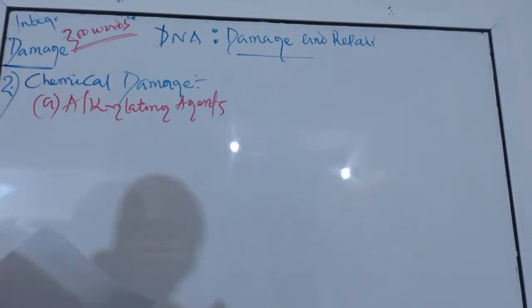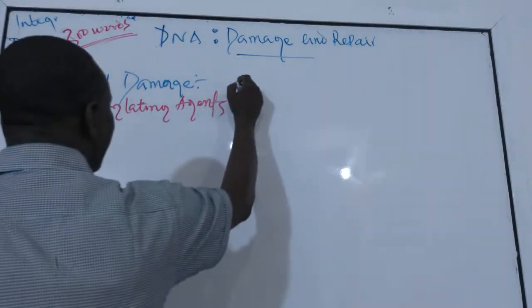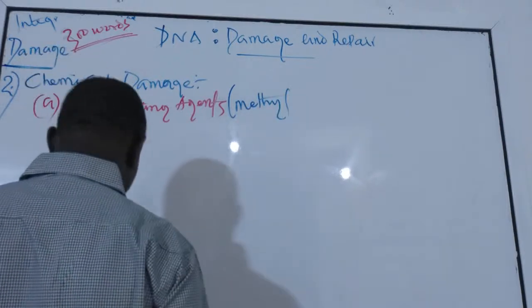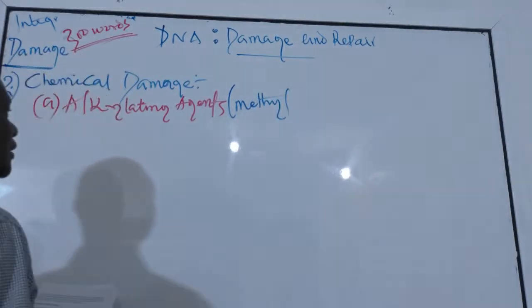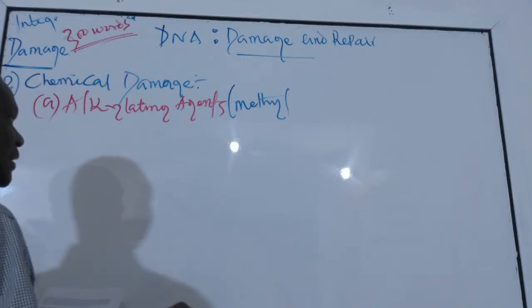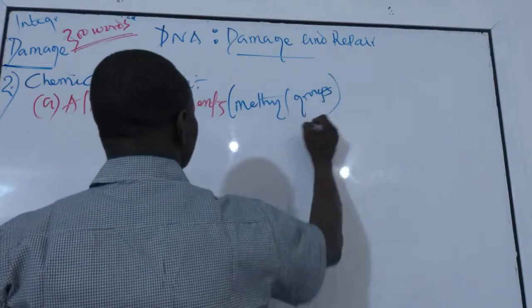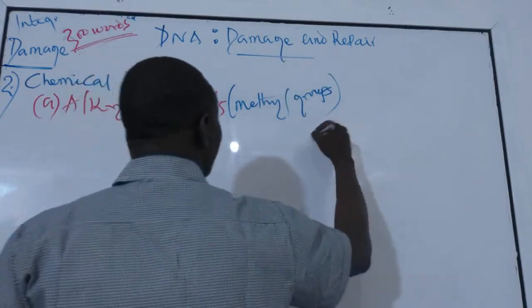So this is formed. This alkylating agent gives methyl. All the compounds that contain methyl groups, such as methylbenzene.